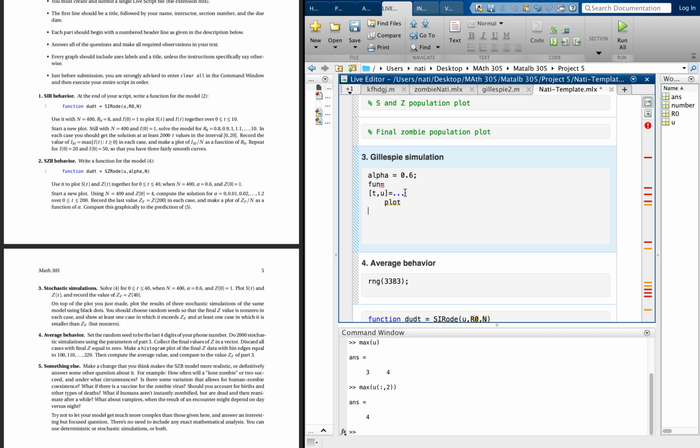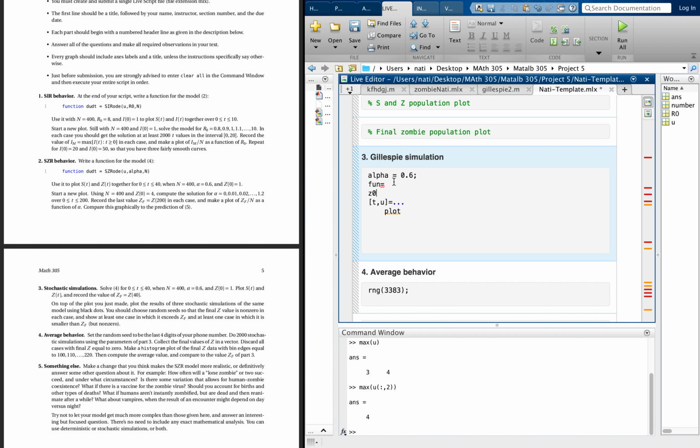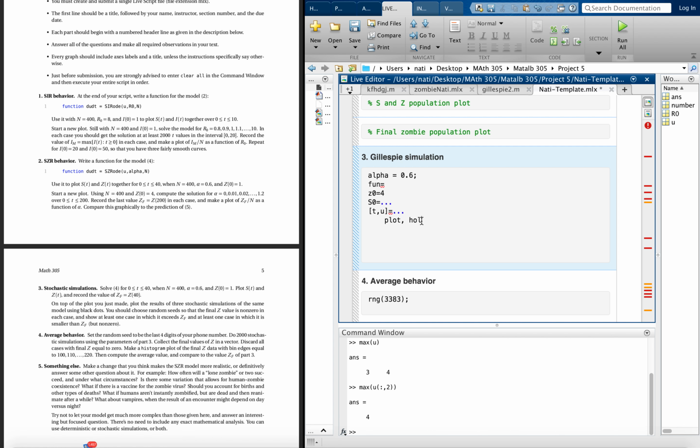The only thing that you have to be careful of here is that your zombie population initially is 4. So then you have to calculate what S naught will be. Same thing as you did for part 2. Now, after you plot it, you can go ahead and hold on. Or we can hold on later.